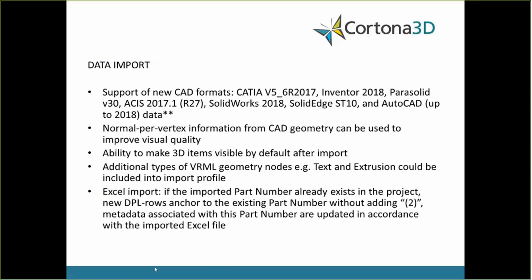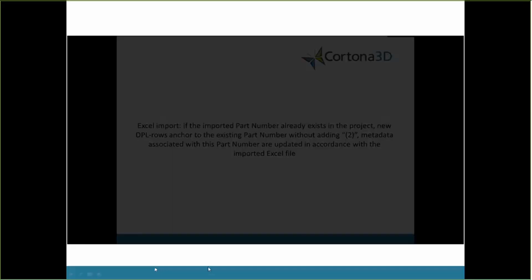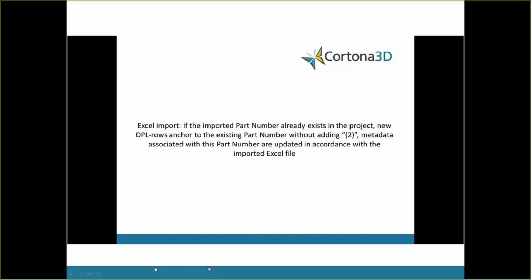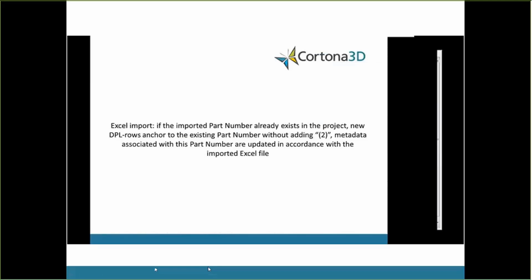And last but not least, in Excel, there was a correction when two part numbers have the same value. Previously, a specific number 2 was added when those two part numbers were the same. Now you won't have any 2s. So as a result, the DPL table structure will be clearer.